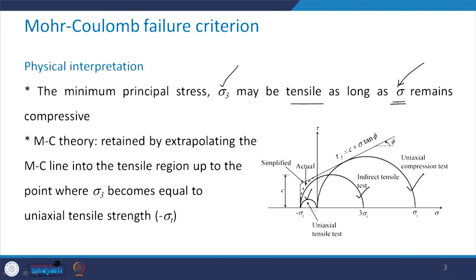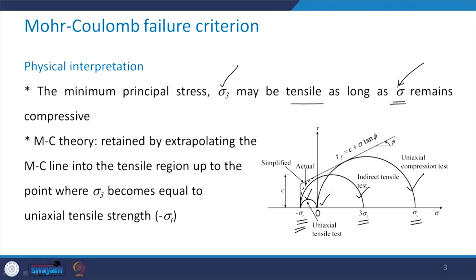Here you can see that sigma 1 for this small circle is 0 and sigma 3 is equal to minus sigma t. However, for the indirect tensile test, the major and minor principal stresses are 3 sigma t and sigma t. In the case of the uniaxial compression test, the major principal stress is sigma c and the minor principal stress is equal to 0.